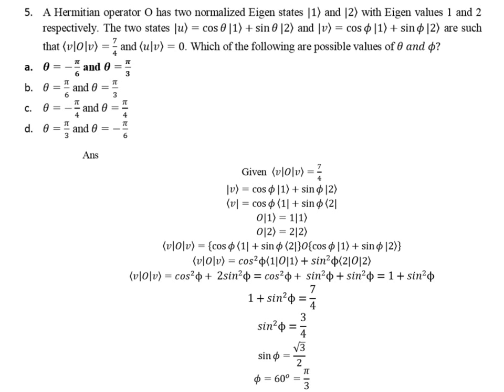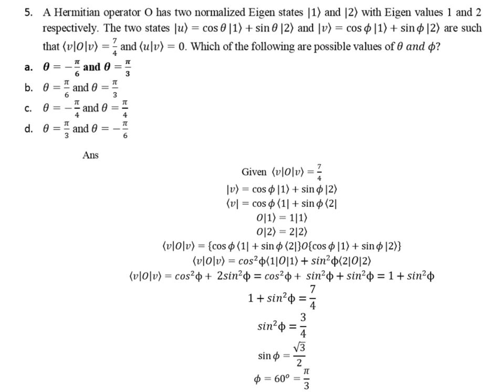Which of the following are the possible values of theta and phi? This is also a very familiar question in quantum mechanics.